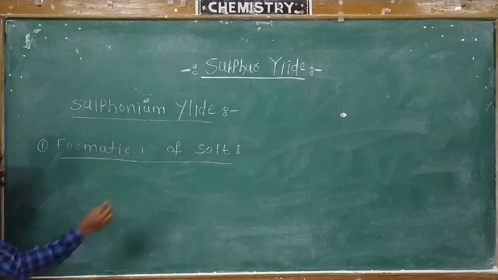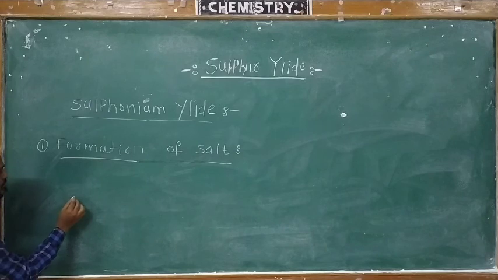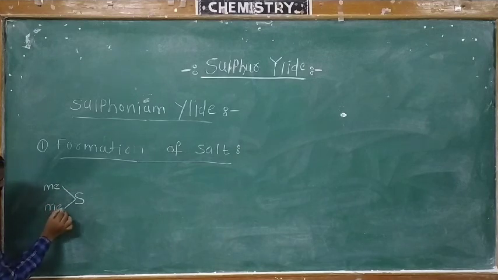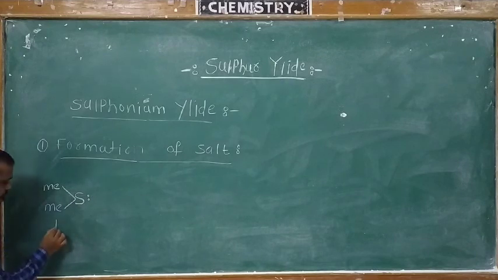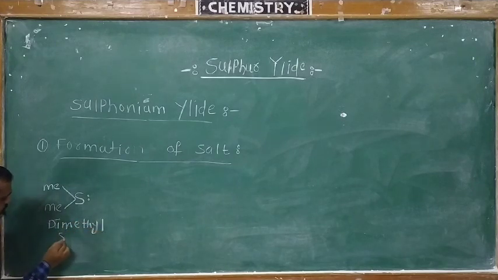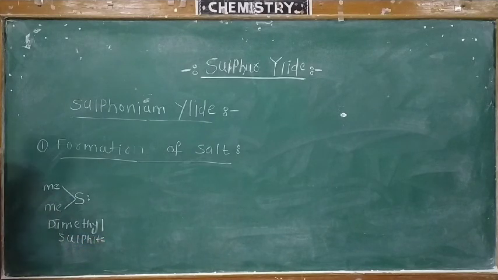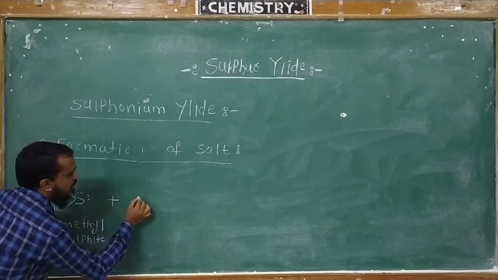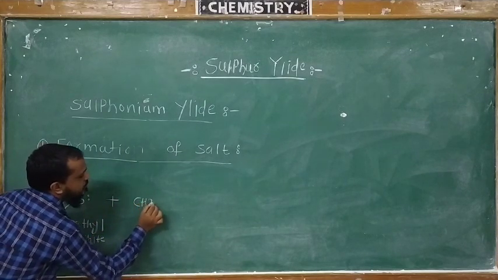So here I am writing the structure of dimethyl sulfide. This is the structure of dimethyl sulfide. It reacts with any alkyl halide, and here I have taken methyl iodide.